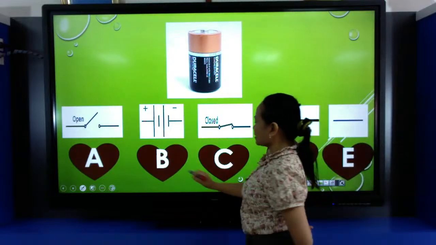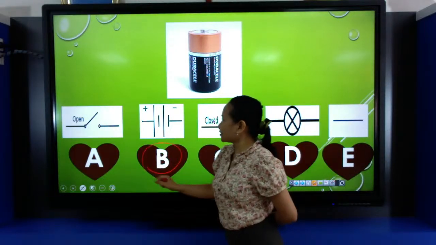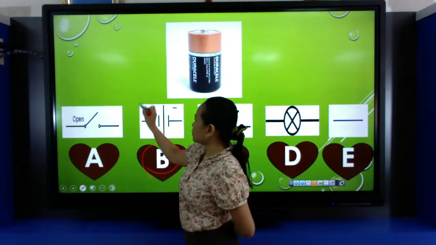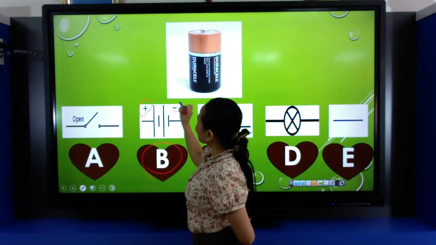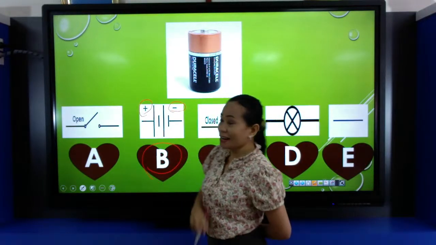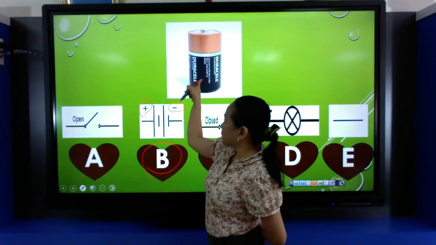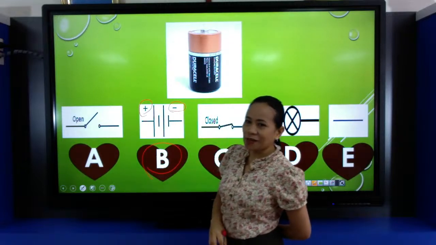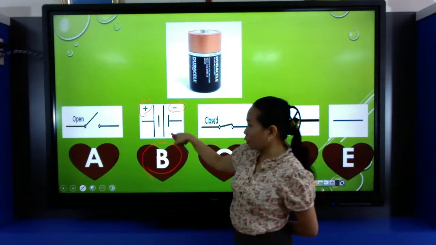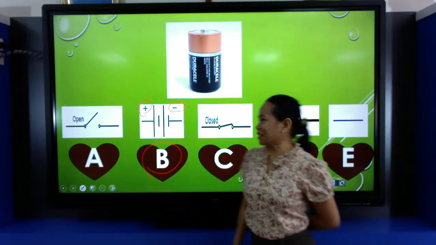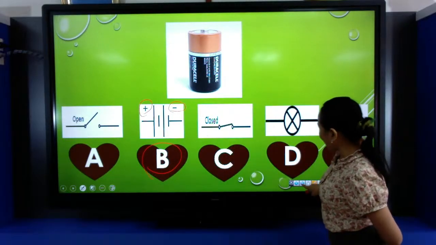This is the positive terminal and this is the negative terminal, and this is one battery only. If there are 2 batteries, double this one.